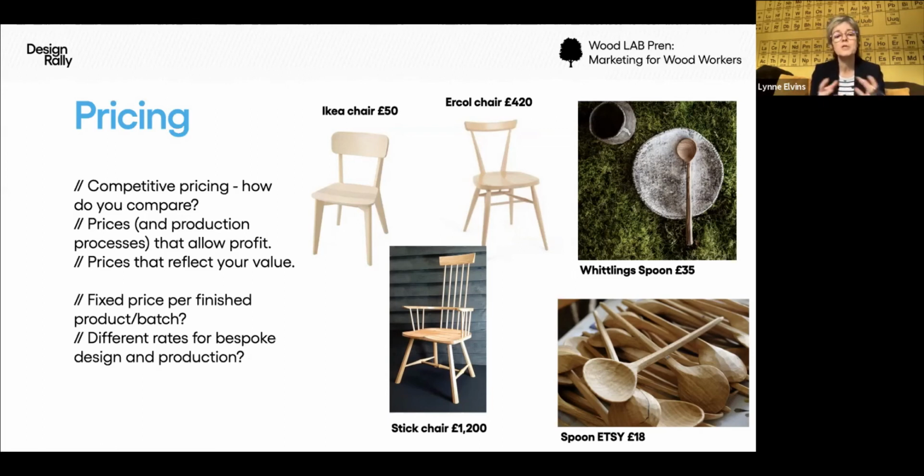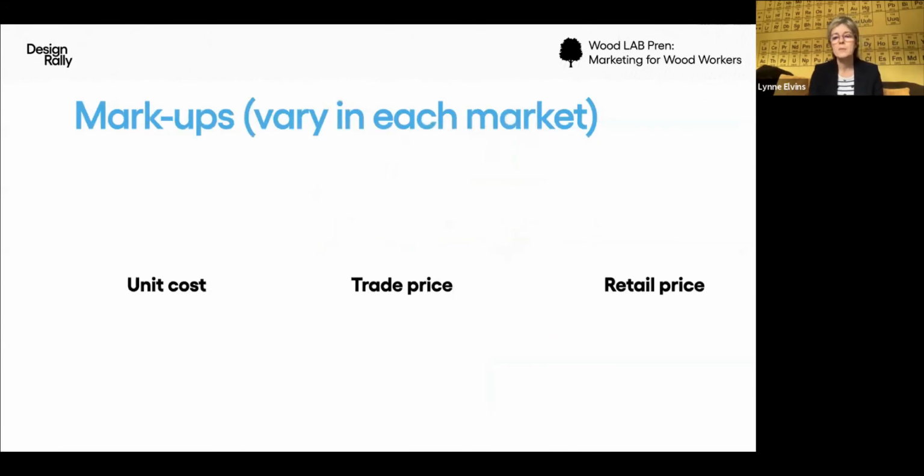Which is much more a bespoke design service. And then each price has to be set for each project as you go along. So again, it's a very different way of looking at pricing. Think about the way that you work, who you compare to, and all of those factors when you're considering pricing.